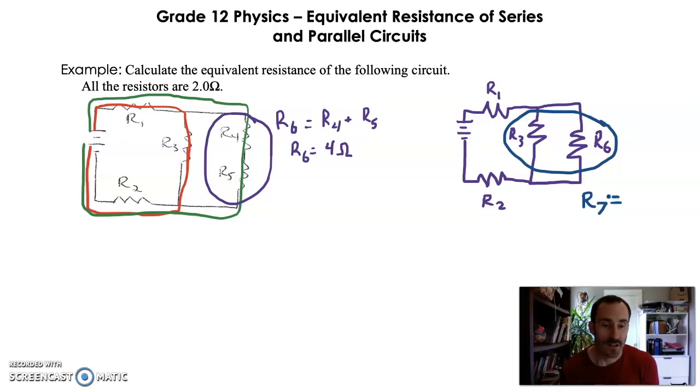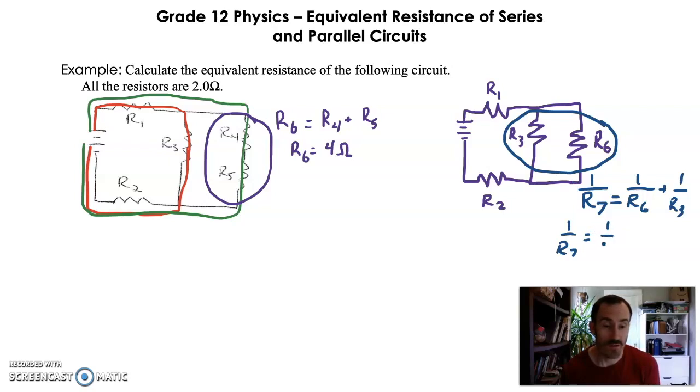R7 is in parallel, right? This is a parallel relationship, and so I have to use the reciprocal rule. 1 over R7 is equal to 1 over R6 plus 1 over R3. So 1 over R7 is equal to, R6 is 4 ohms because it's a combination of R4 and R5.